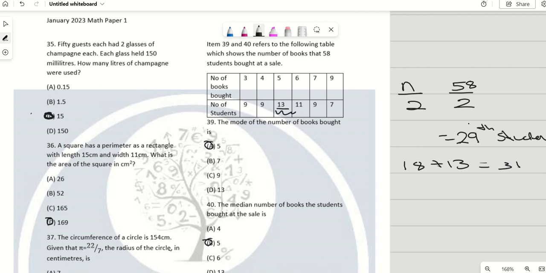So you're going to be adding, right? 9 plus 9 is 18. So our 29th student is not in this first section, nor in this second section. Then we said 18 plus 13 is 31. So our 29th student would be in this third section here, where the number of books is 5. And that is how you would get your median.